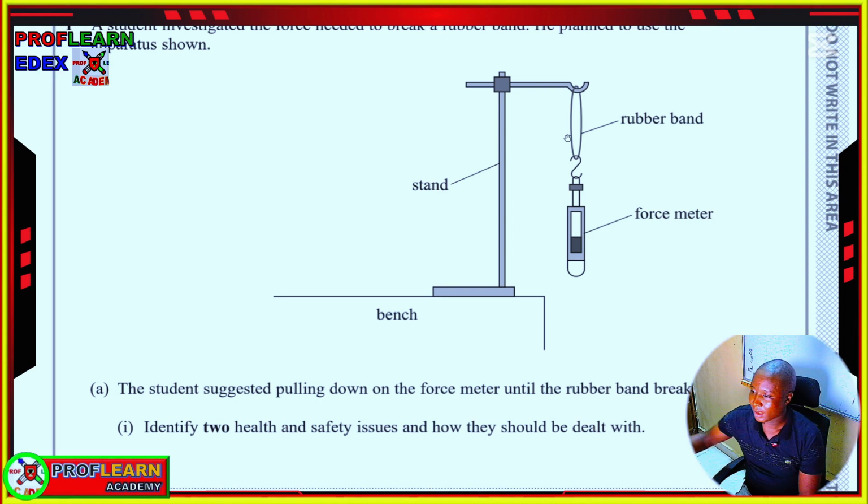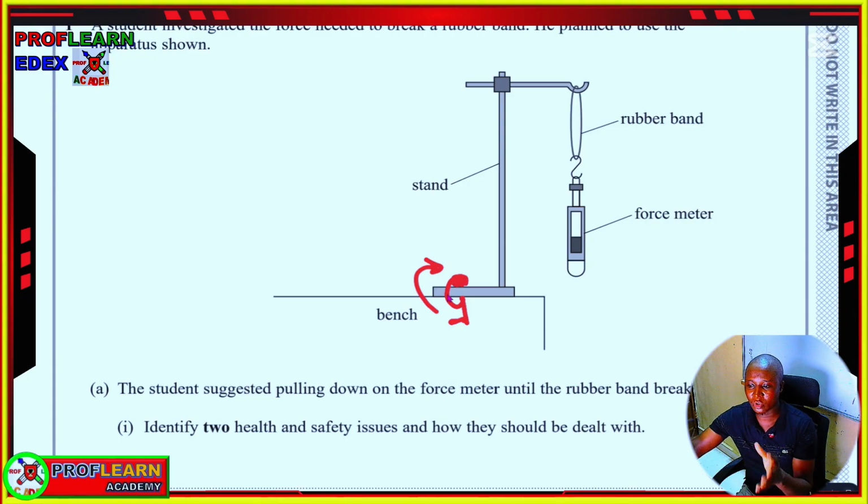And also something else we need to notice is that if you are pulling this force meter down, it means that there's likelihood of this particular stand toppling. So we can use a G-clamp to fix this particular section here so that it does not topple or overturn, right?